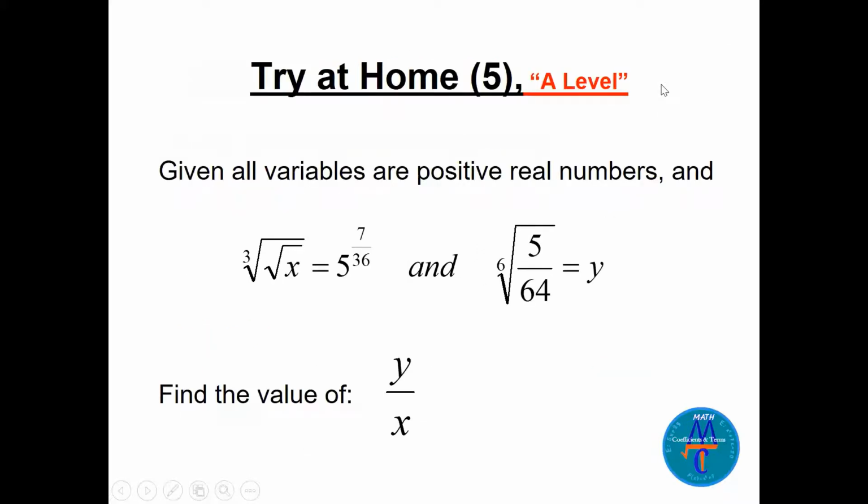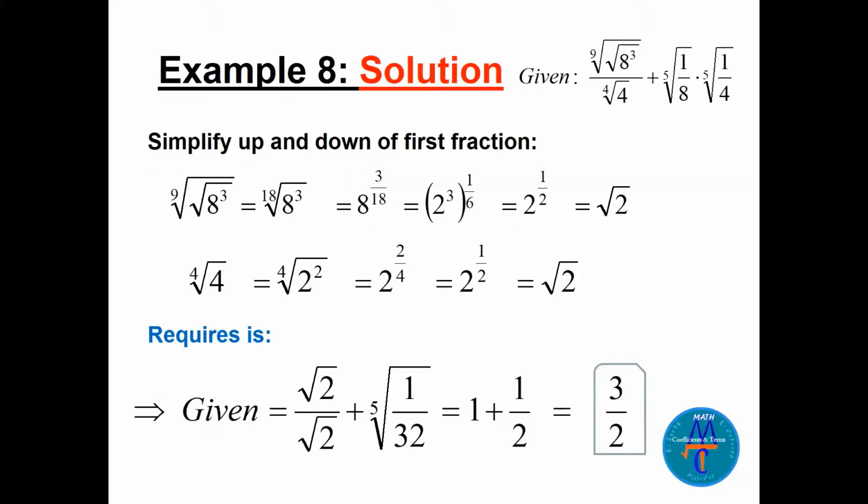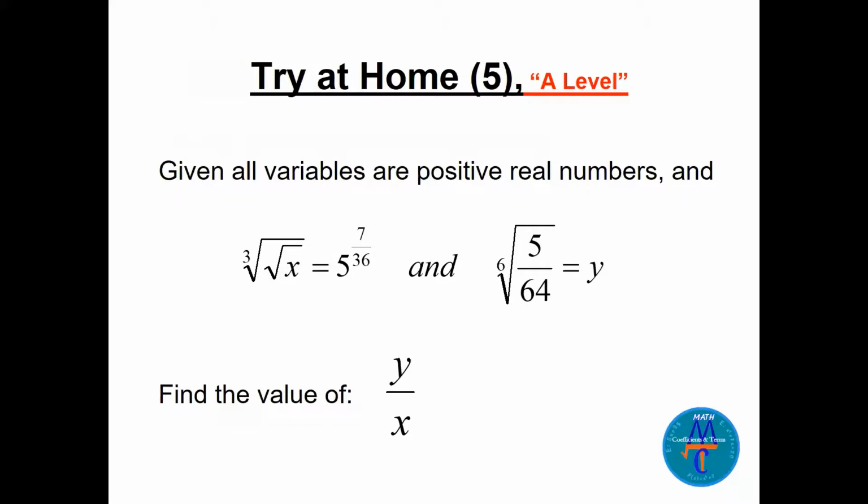Now, try at home. This is A level. A level means not an easy question, but you can do it. This is similar to example 8. I will give you the idea and the answer. And I'm telling you, this is not easy. A little challenging question.